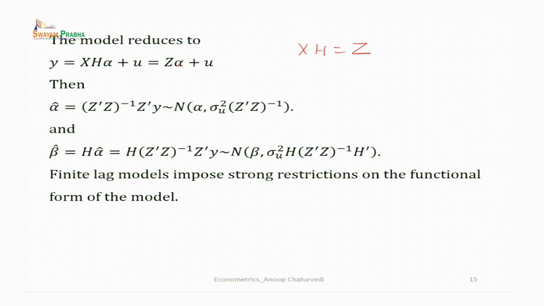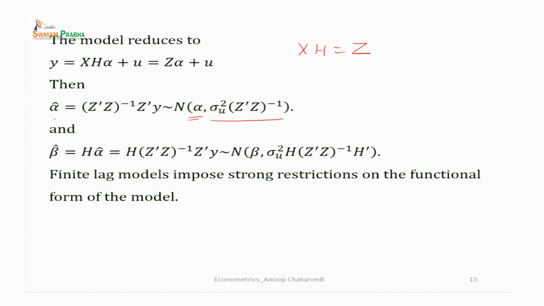Then the least square estimator of alpha is alpha hat equal to z transpose z inverse z transpose y. And obviously, under the assumption of normality of disturbances, this follows a normal distribution having mean vector alpha and variance covariance matrix sigma square u z transpose z inverse.